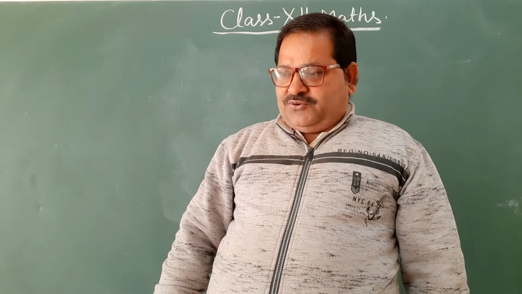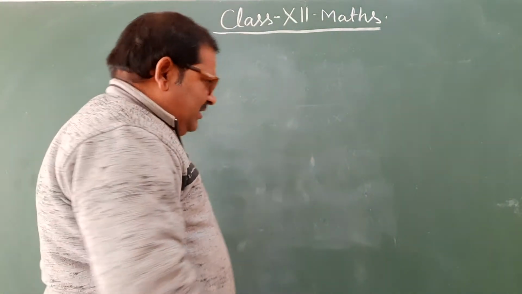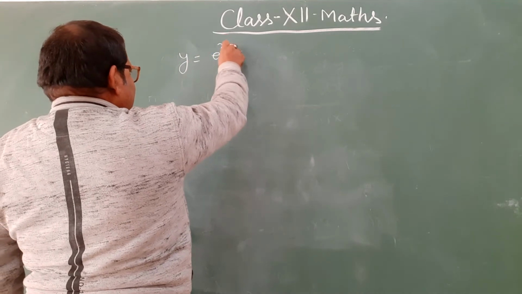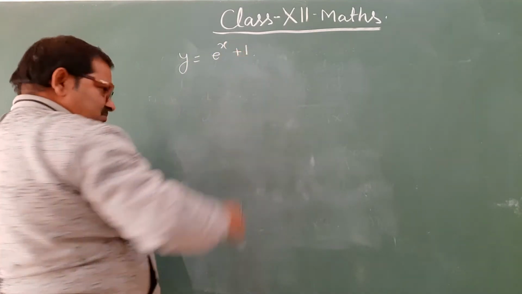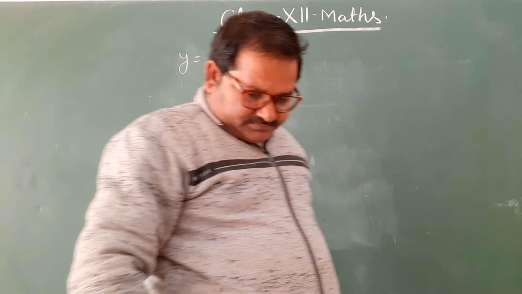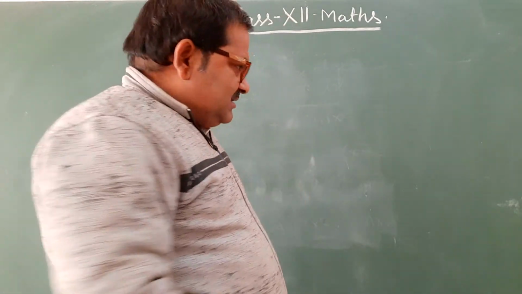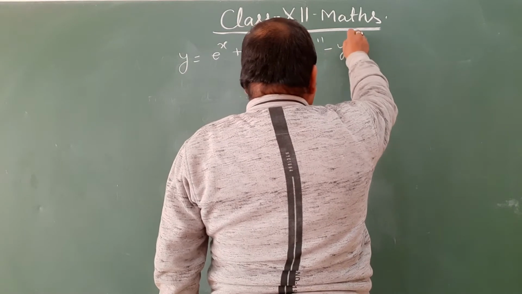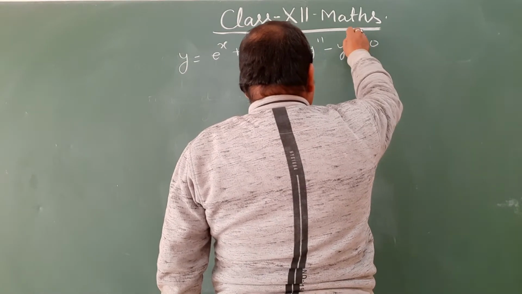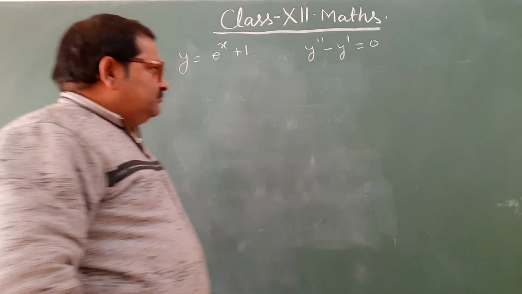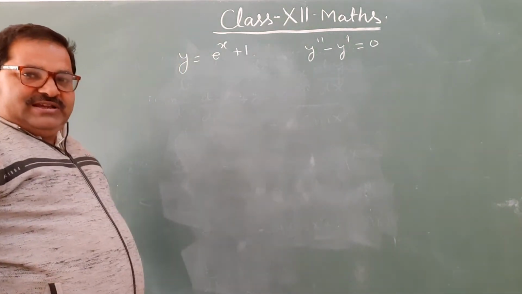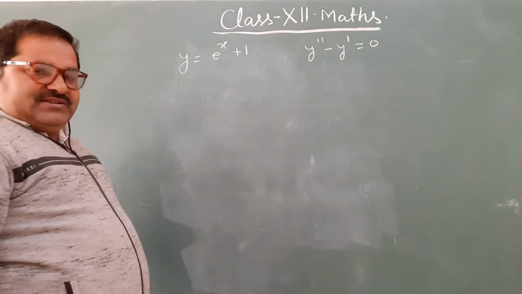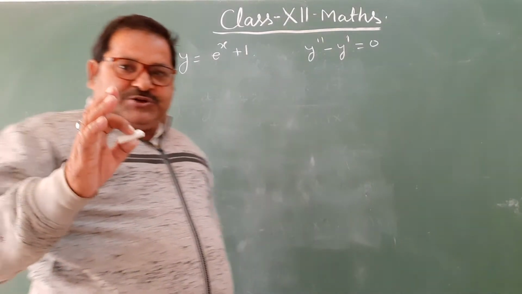Now y equal to e power x plus 1, such that y double dash minus y dash equal to 0. Differentiate the given equation with respect to x.